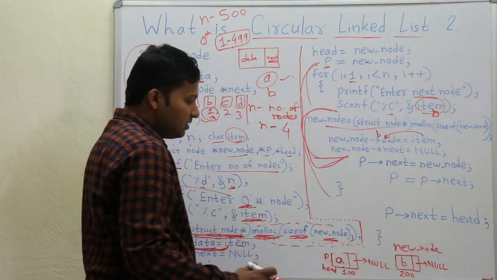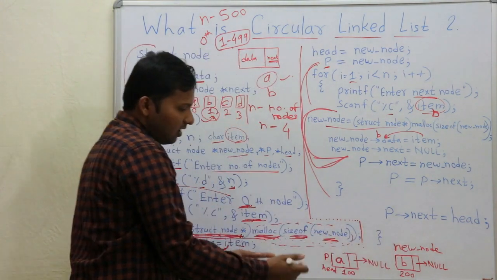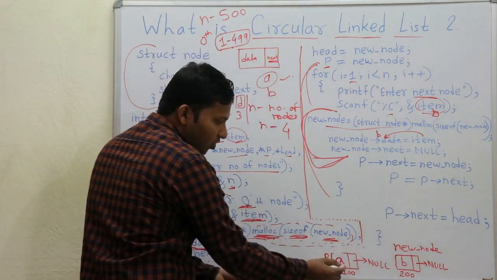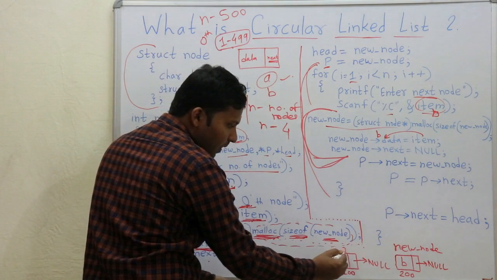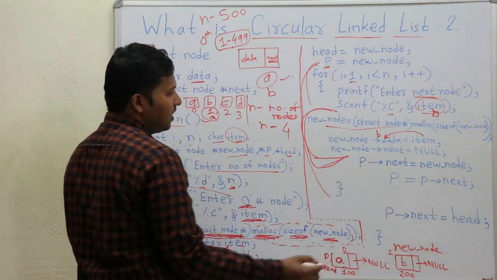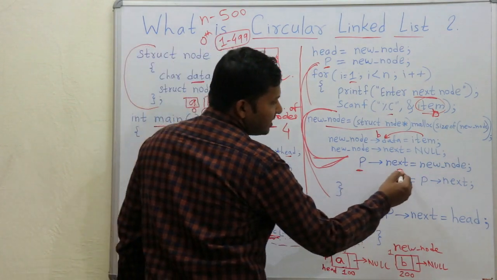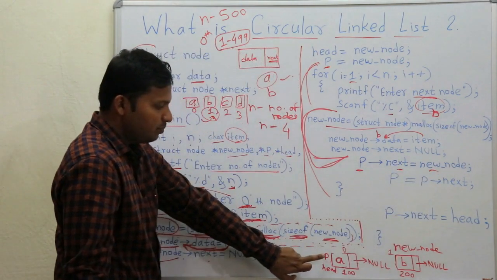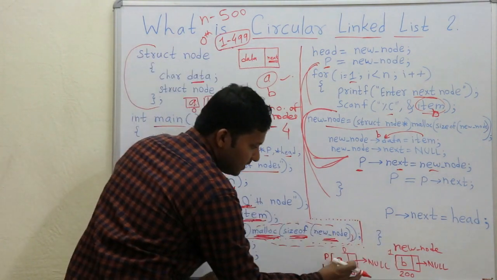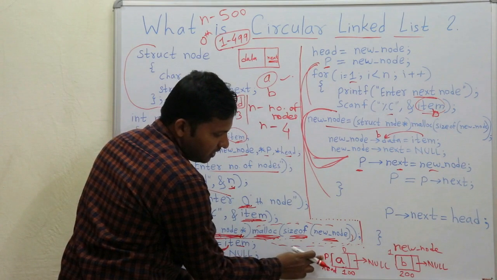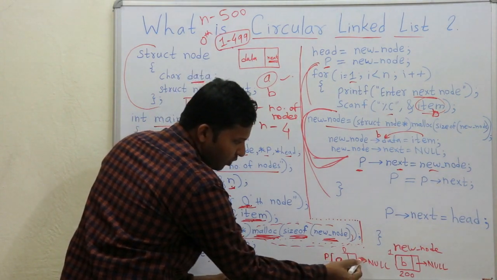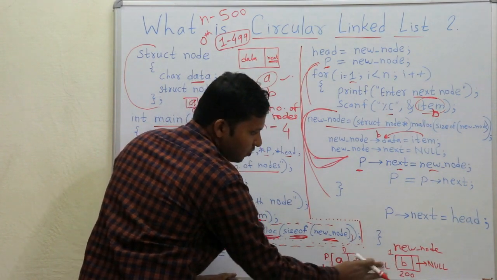Now the important thing is the linking. How do we link this node to this node? Means the next pointer of the 0th node should point to the first node, right? Now see, P points next is equal to new node. This is node P. So the next pointer of this node should point to this node.